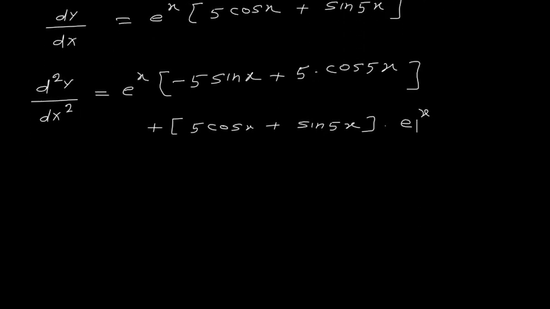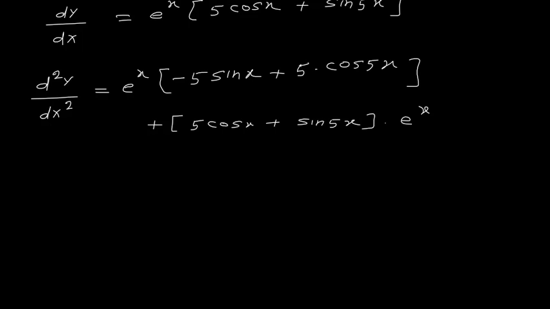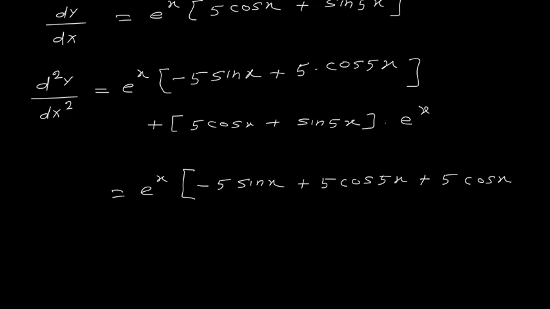The derivative of e power x is e power x. So this is the second order derivative. Now we can take this e power x common. So here we have minus 25 sin 5x plus 5 cos 5x plus 5 cos 5x plus sin 5x.